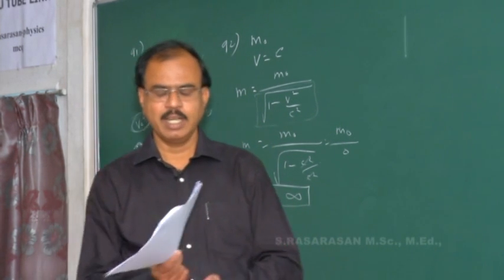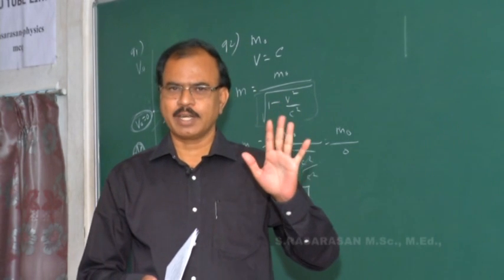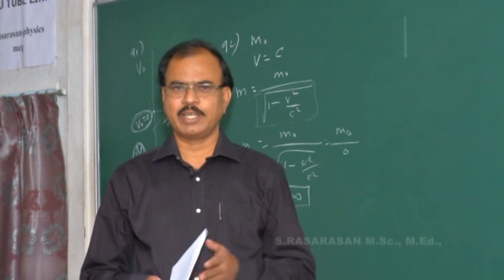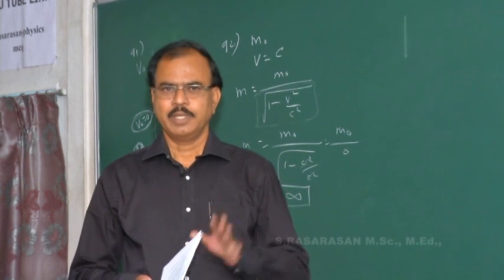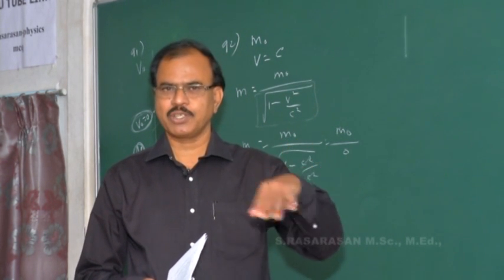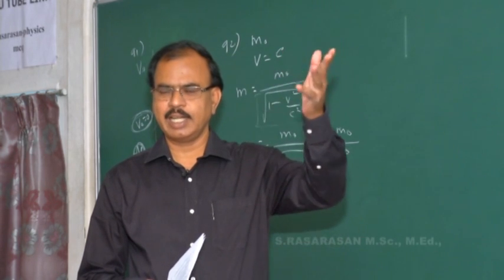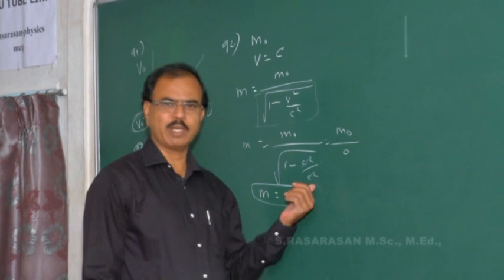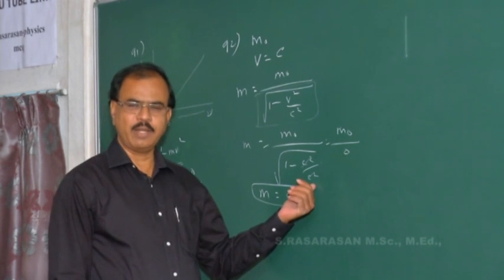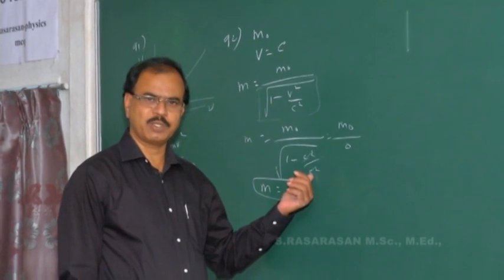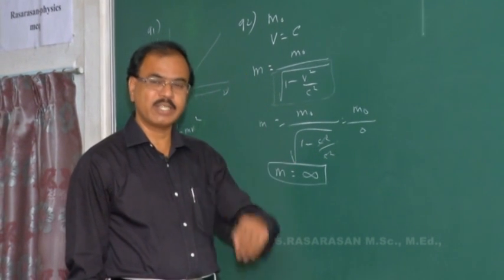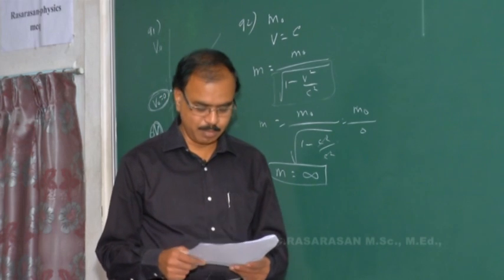Einstein suggested that no particle will travel equal to or greater than the velocity of light. If any particle with mass travels with a velocity greater than or equal to the velocity of light, then its mass should become infinity, and infinite mass is impossible. Theory proposed by Albert Einstein.